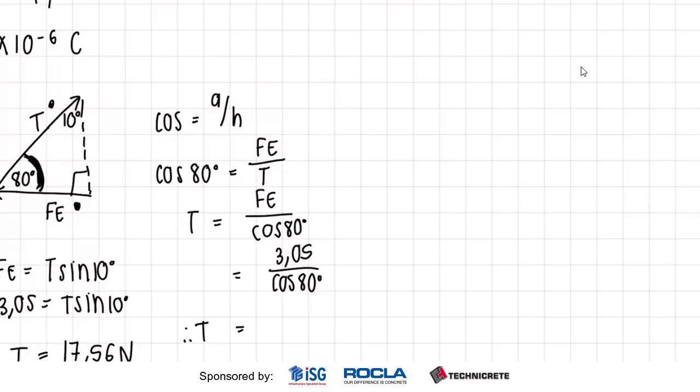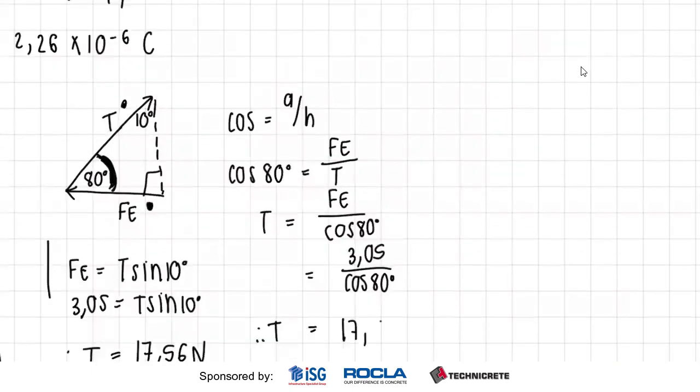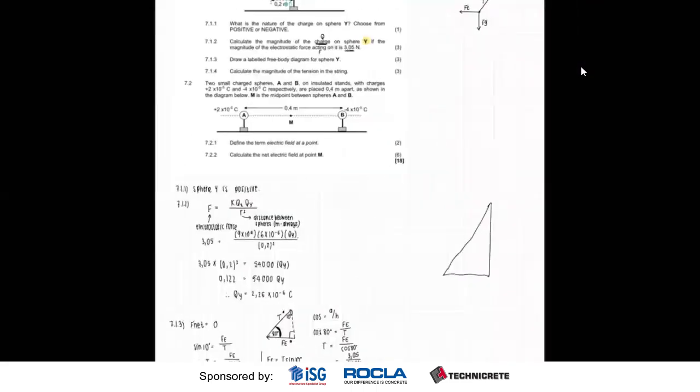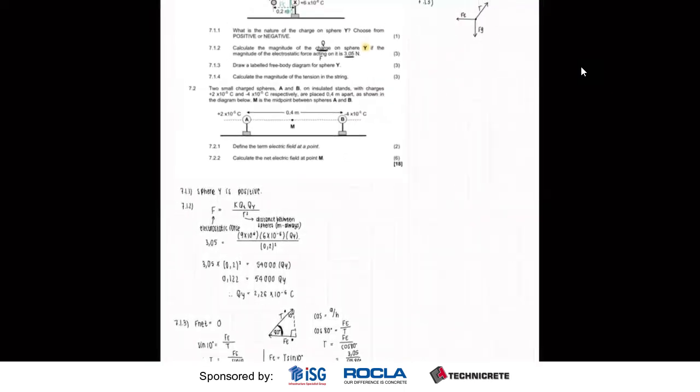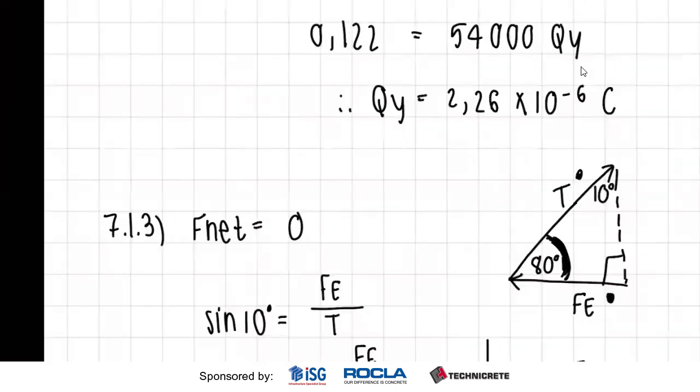You can also use cos and you should get exactly the same answer of 17.56 newtons. Remember it's newtons because we are measuring tension. So we've done the free body diagram and the magnitude of tension in the string.